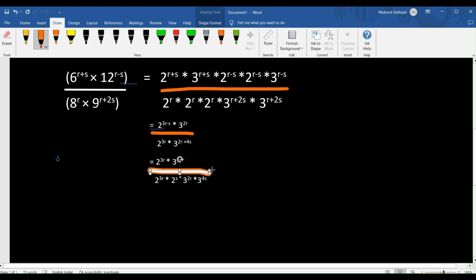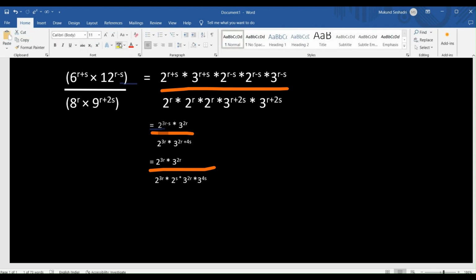All that I've done is 3 to the power 2r plus 4s is rewritten as 3 to the power 2s into 3 to the power 4s. And 2 to the power 3r minus s, which is this numerator expression, right? Let me see if I can highlight it.